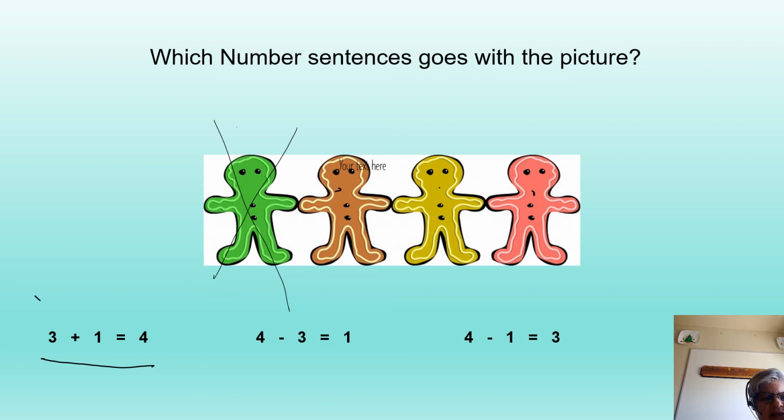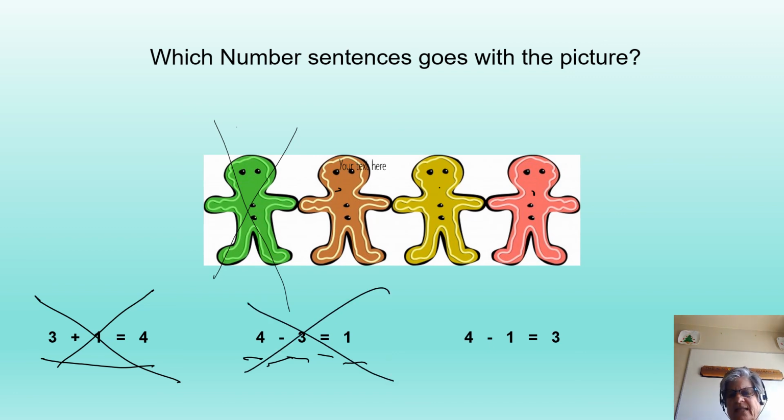So it cannot be that one, so I'm going to X it out. Now, let's look at the next one. It says 4 take away 3 equals 1. Okay, I had 4 gingerbread men. I know that. But did I put an X on 3? No, I did not. So that one's not correct either.